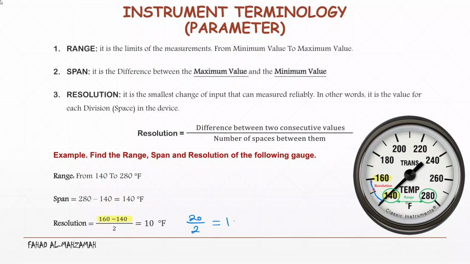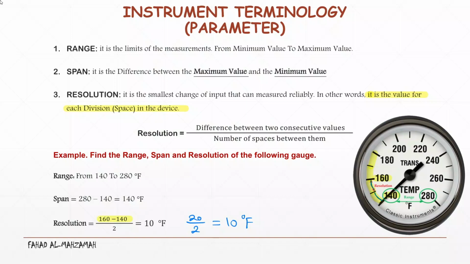The answer is 10 degrees Fahrenheit. What does 10 degrees Fahrenheit mean? Again, the definition says it is the value for each division in the device. So the value of this one is 10, this one is 10, this one is 10. It's the value for each space or division in the device.